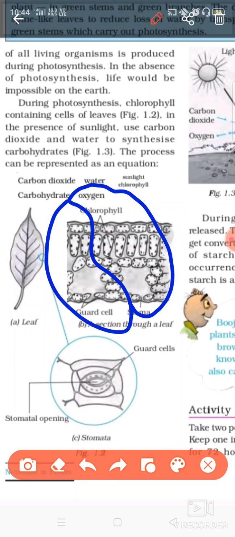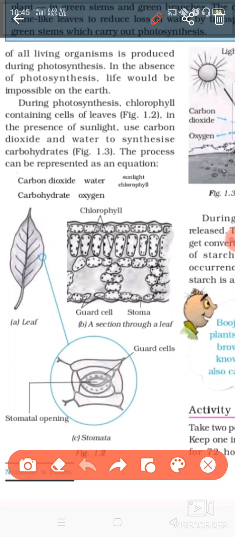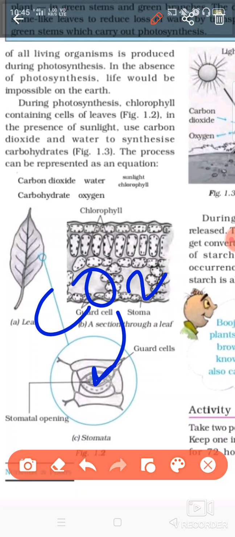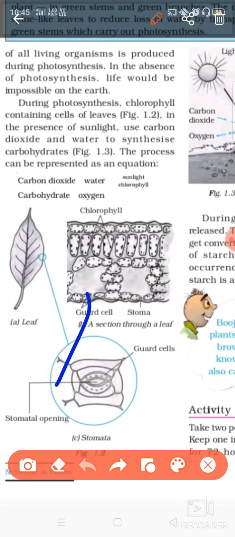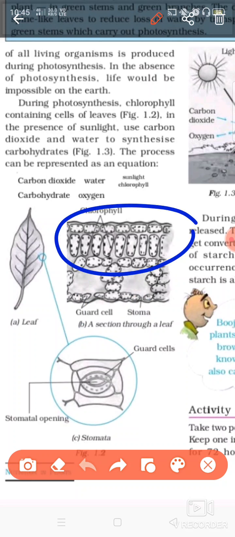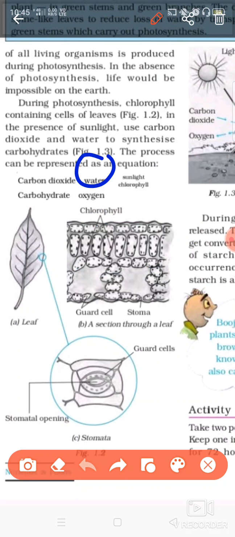Okay, so by the stomata, carbon dioxide from the air is absorbed inside the leaf, and the chlorophyll absorbs the sunlight, and as I told you, water is absorbed by the roots.